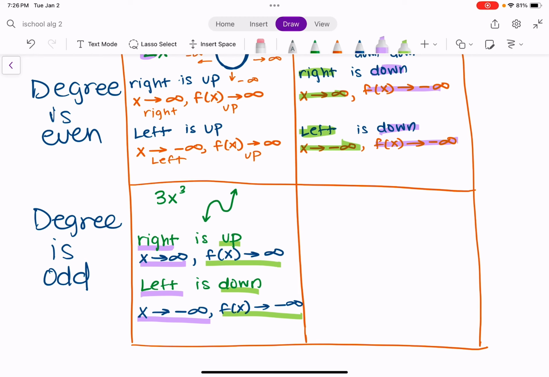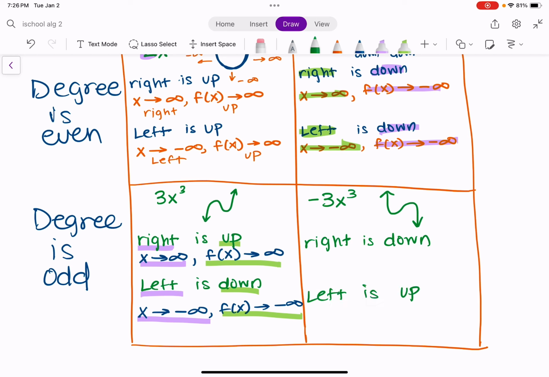And then last box, if the degree is odd and the leading coefficient is negative. For example, if we have negative 3x to the third, all that's going to do is just flip the graph, right? So now the right is down and the left is up, right?